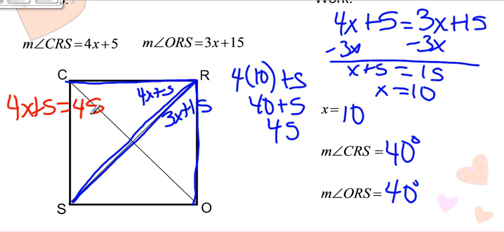And I realized I wrote 40 here when I should have written 45 because I got 45. So we found that x equaled 10 because we just set the two angles equal to each other. And then we plugged in to find the angles each. And again, you could have also used the fact that you knew the angles were going to be 45 because it is a 90-degree angle that you cut in half.